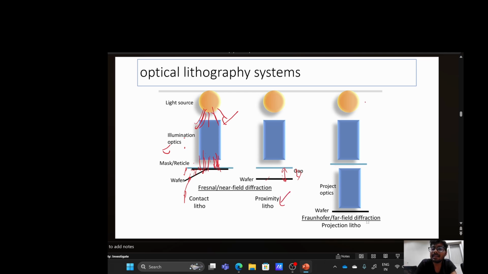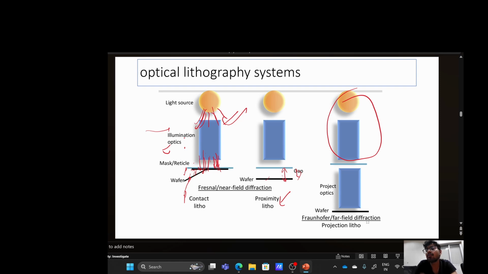And the other one is projection lithography. The illumination optics is kind of the same as in this case, which is near field diffraction, near field imaging.